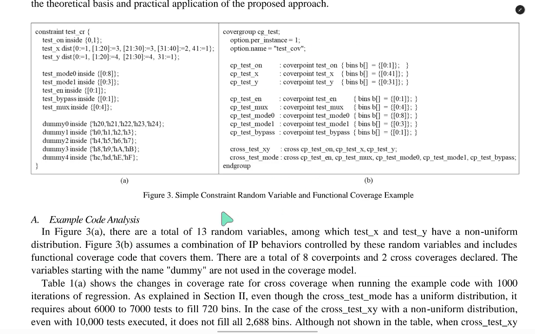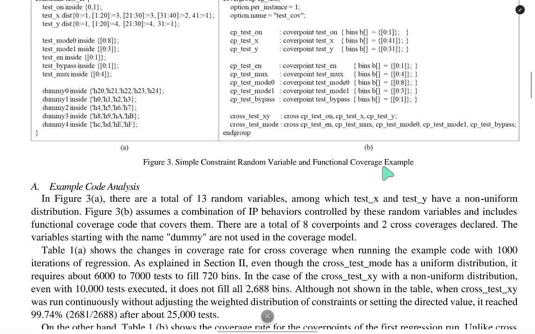Figure 3b has assumed the combination of IP behaviors controlled by these random variables and includes functional coverage code that covers them. There are a total of 8 cover points and 2 cross coverages declared. The variables starting with the name dummy are not used in the coverage model.